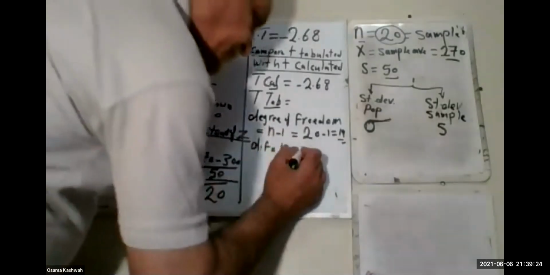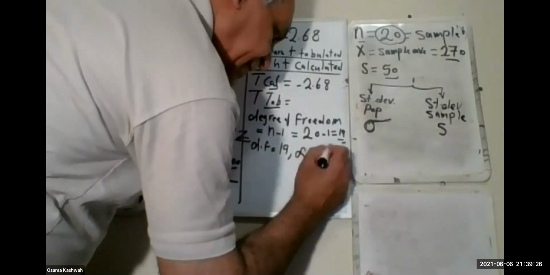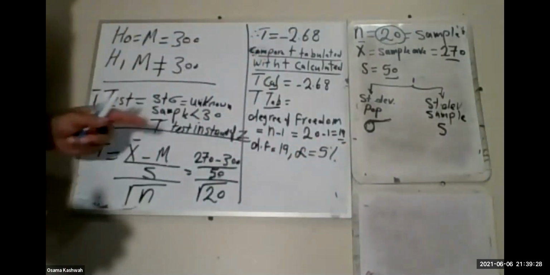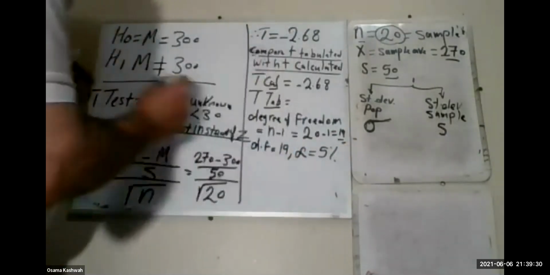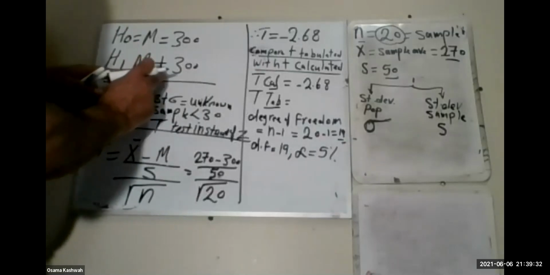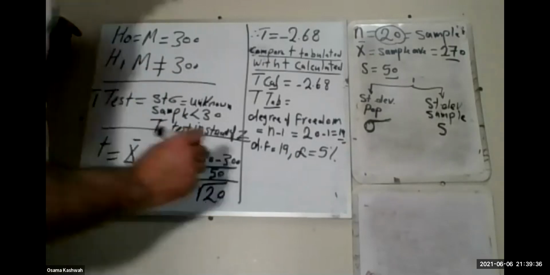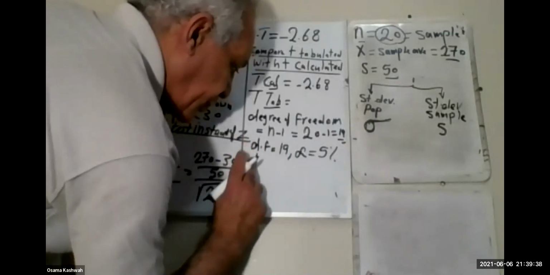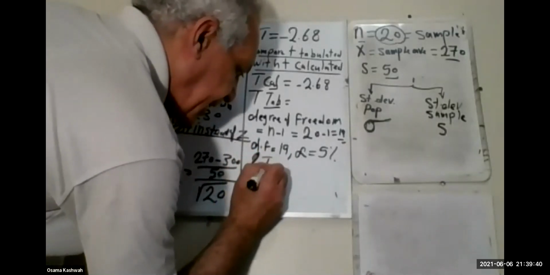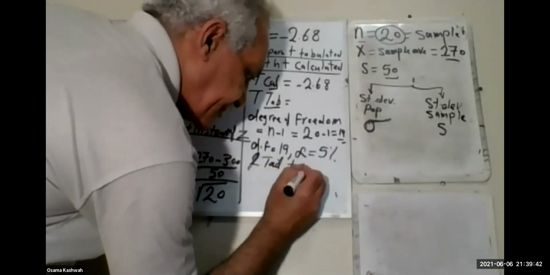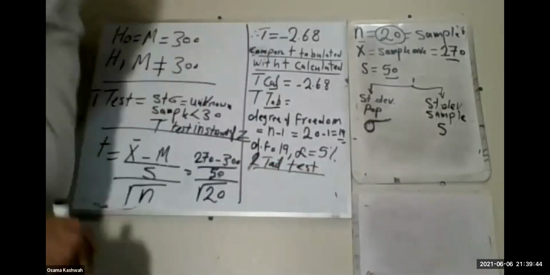And alpha equals 5%. It's a two tails test here. Two tail test because of what? Because of unequal. Perfect.